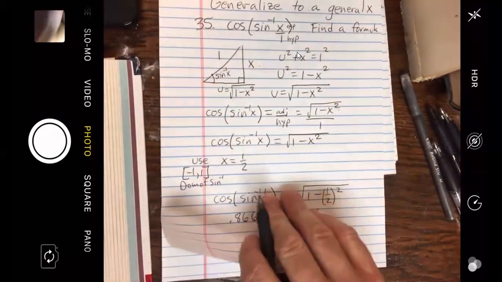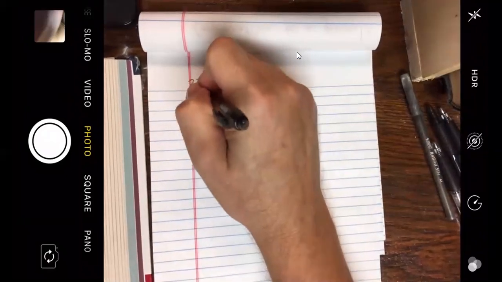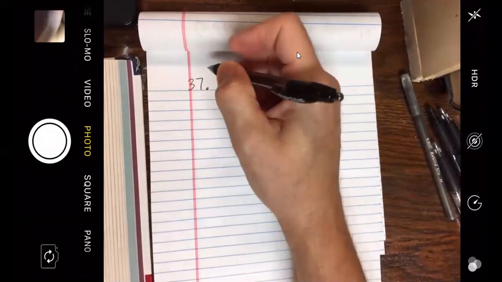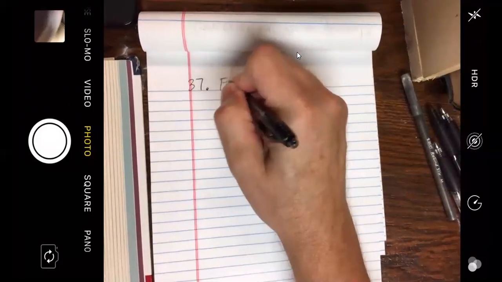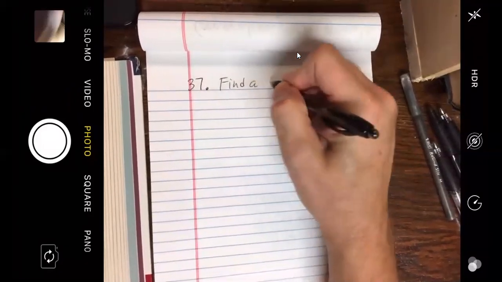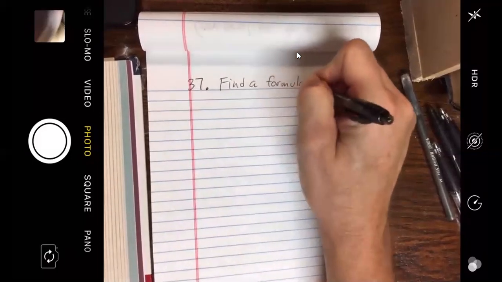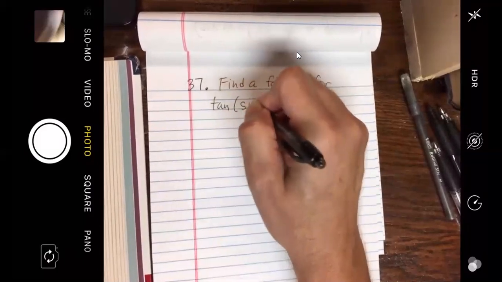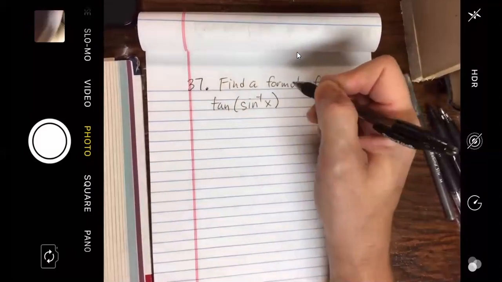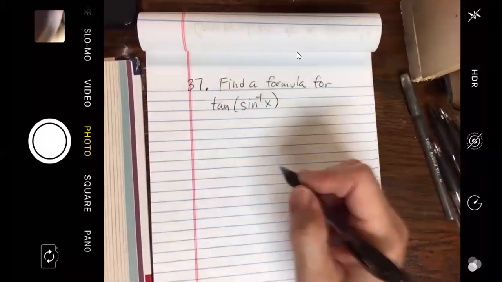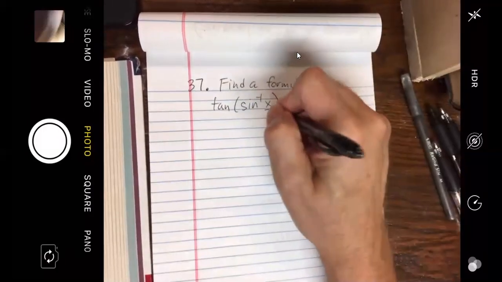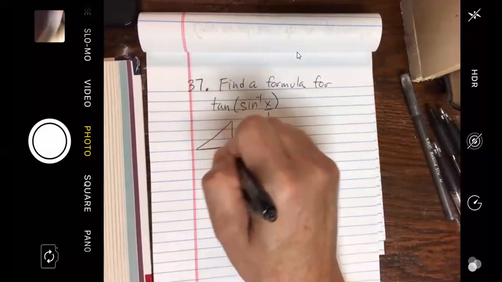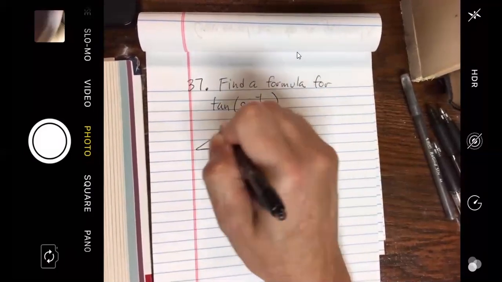We'll try 37 before we go on. Find a formula for tangent of arcsine of x. Well, I can use the same triangle as in the previous problem. That's over 1, so opposite over hypotenuse.